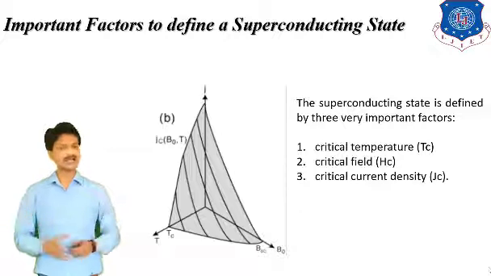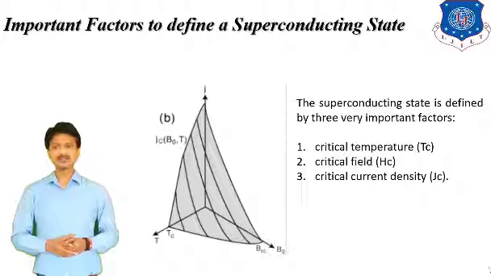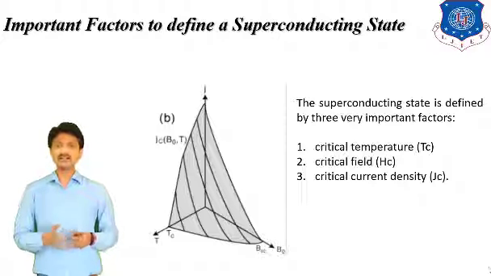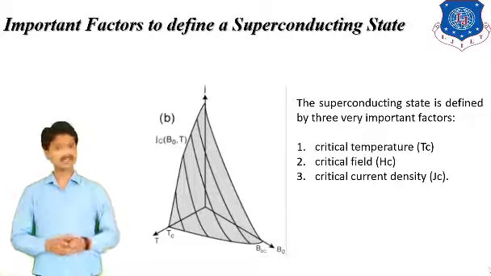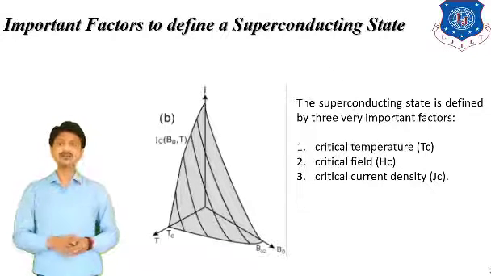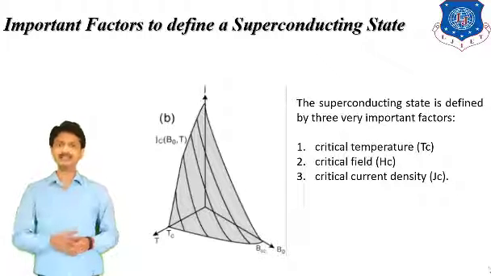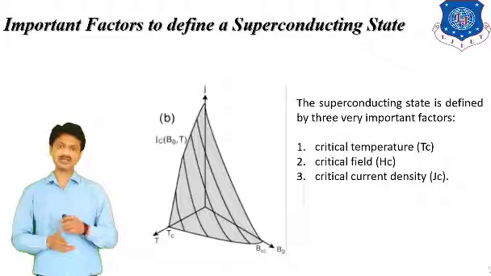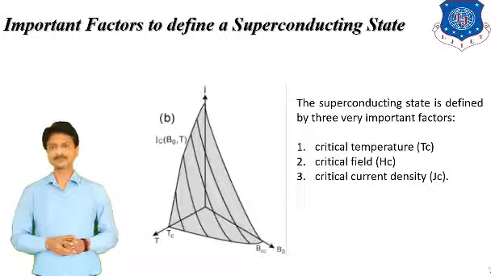Each of these parameters is very dependent on the other two. So to sustain the superconducting state in a material, it is required to have the current density, magnetic field, as well as the temperature remain below their critical values.